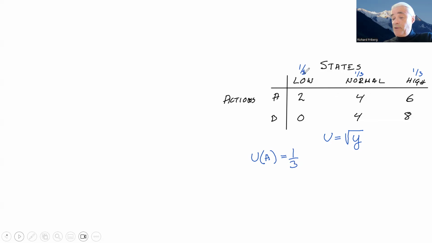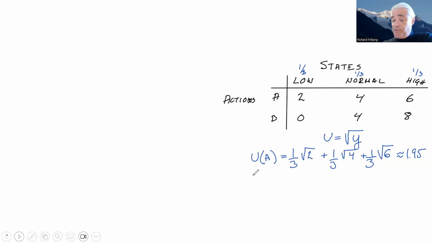Well, it's a probability of the low state, so 1/3, times, now we're not looking at the outcome, but we're letting this be weighted, so the square root of 2 plus the probability of the normal outcome, 1/3, times the square root of that outcome, 4, plus the high outcome, 1/3, probability of that high outcome, times the square root of the outcome under that state. And this is approximately equal to 1.95.